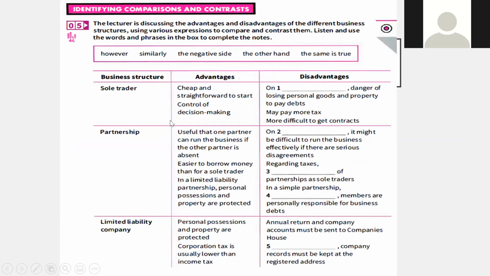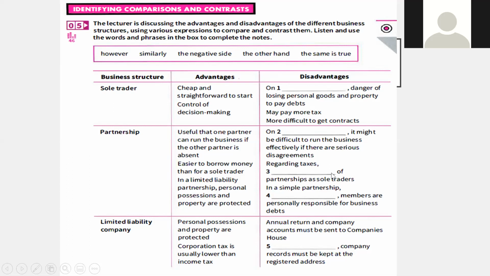So this one is another listening. This one is more common in the IELTS. The lecturer is discussing the advantages and disadvantages of different business structures, using various expressions to compare and contrast them. Listen and use the words and phrases in the box to complete the notes. Mostly in these types of questions, you won't have these words given.